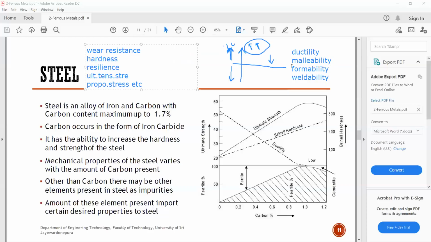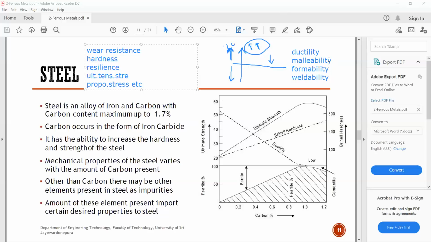Okay, what do you mean by ductility? It is the capacity to undergo a change of physical form without breaking, right? So that means this metal has the capacity to undergo a change of physical form without breaking.